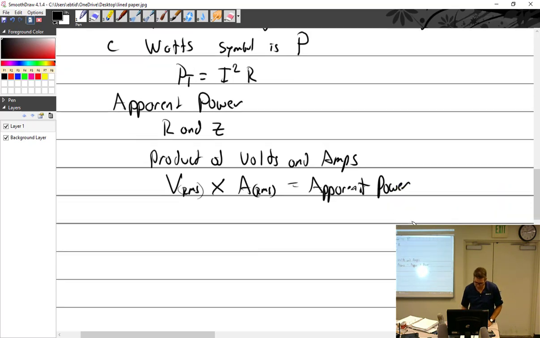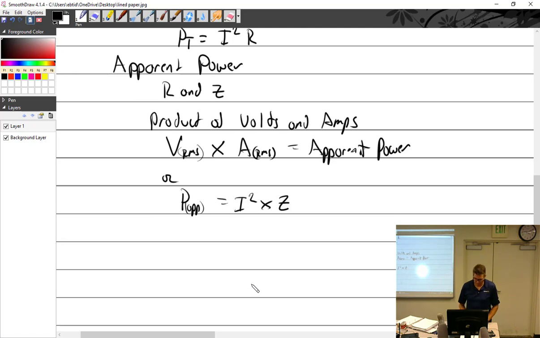Or I have it as P apparent, which is not taking into consideration the RMS value, equals I squared times Z. Expressed in volt amps.